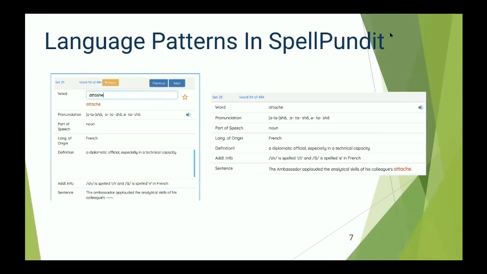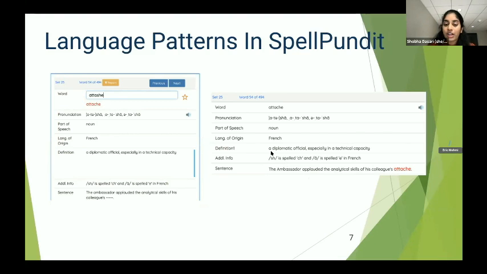And then one thing we also want to highlight is that we do discuss language patterns in the SpellPundit software. So this side is on the learning mode. Under additional information for a lot of words, we do have information about language patterns. And so while you're studying the word, you can often read this section and see that in French, the "sh" sound is spelled with a "ch" and the "a" sound is spelled with an "e," for example, and then use that to help you learn a word better, as well as generalize those language patterns to other words that you might see.